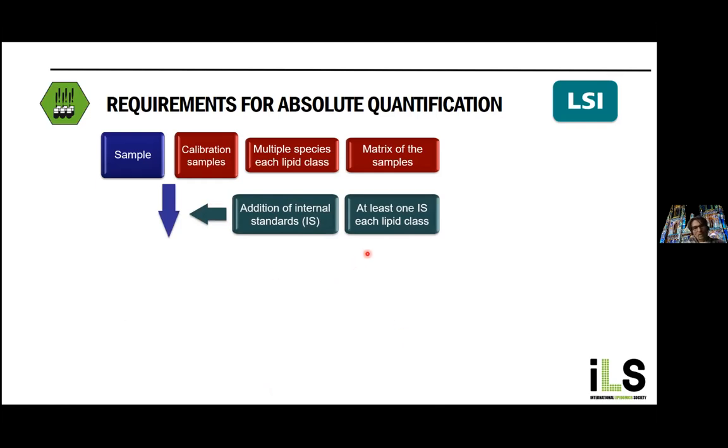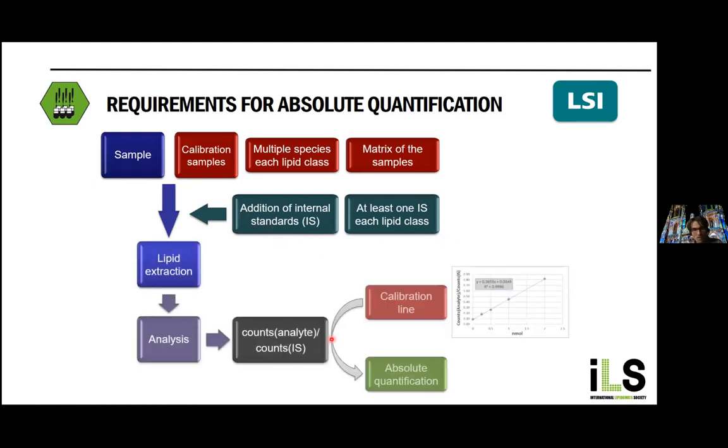So you will analyze within each batch the samples and the calibrators, and use the same internal standard for all these samples. Same lipid extraction, analysis, calculation of that ratio, and then you can generate these calibration lines and use them to quantify, to get a so-called absolute quantification if you have really the species of interest added.